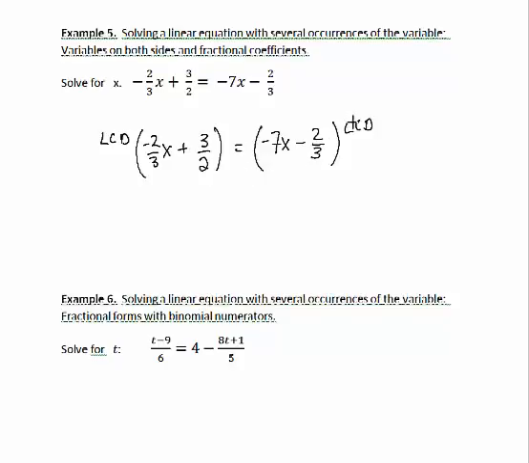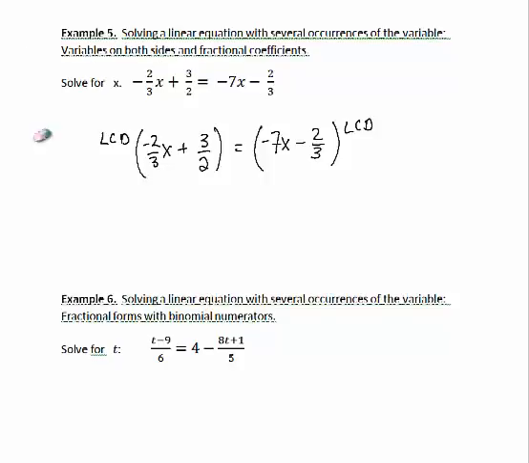And at the same time, numbers without denominators will just simply be multiplied as you usually would with the distributive property. So what is the lowest common denominator of 3 and 2? Then we have another 3. Well, smallest number divisible by 3 and 2 is 6.